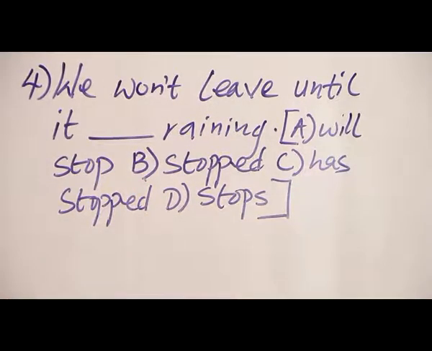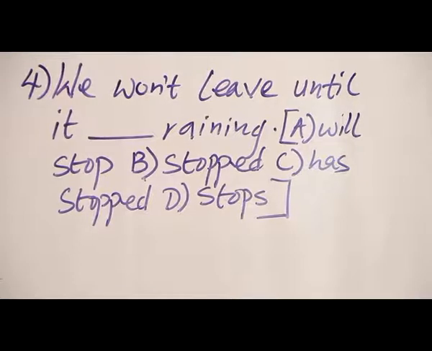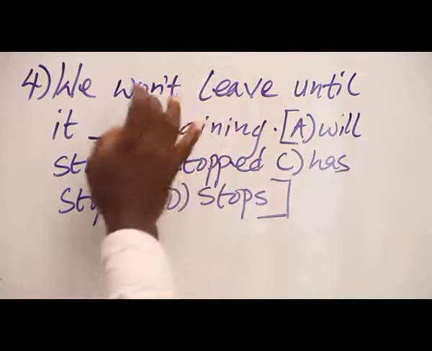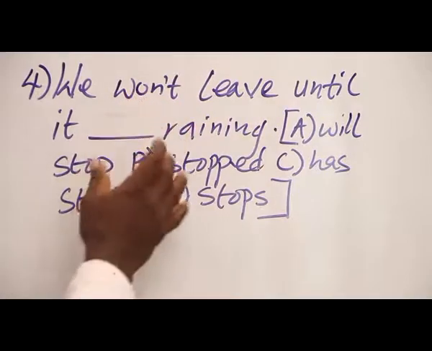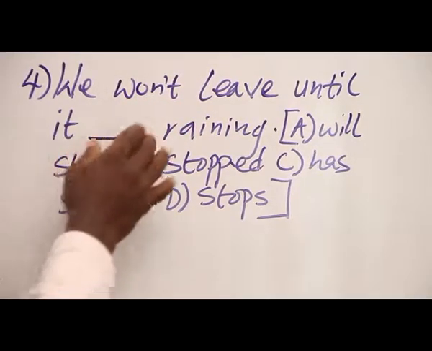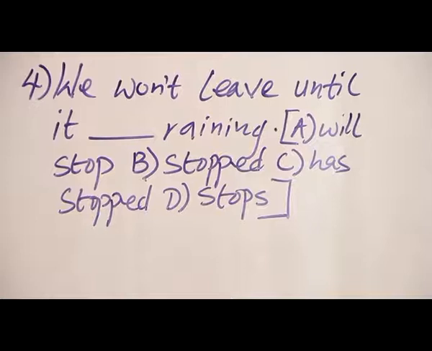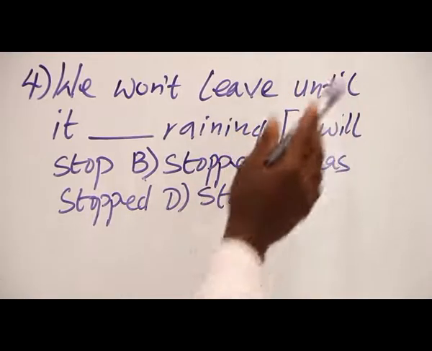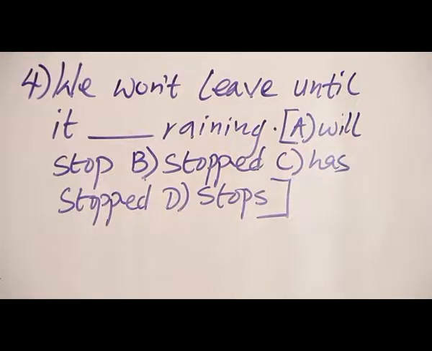That is awkward. It's as if the rain would deliberately stop for them to leave. Usually in a construction like this, after having a simple future tense, you don't use the simple future tense in the other clause because of semantic implication. So we can eliminate A. We've already eliminated B. Now we are left with C and D.